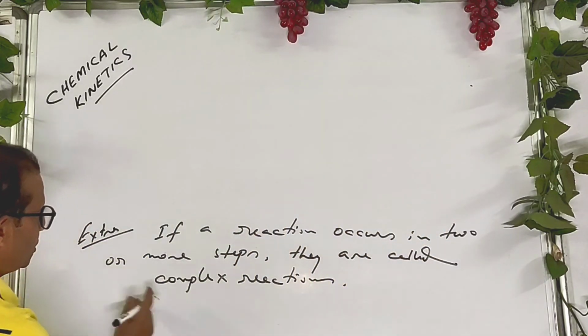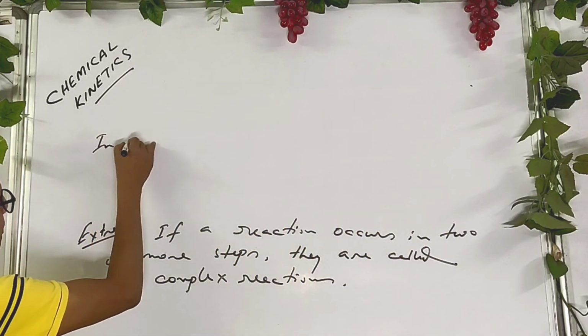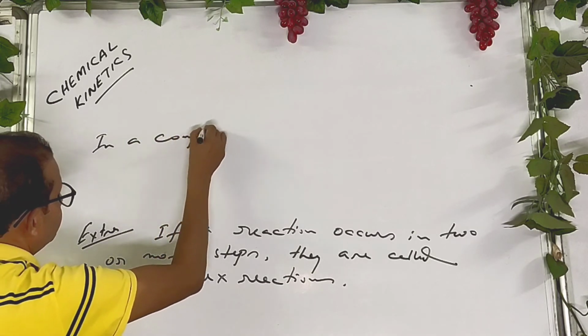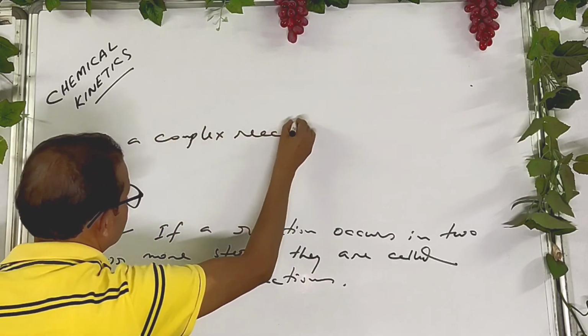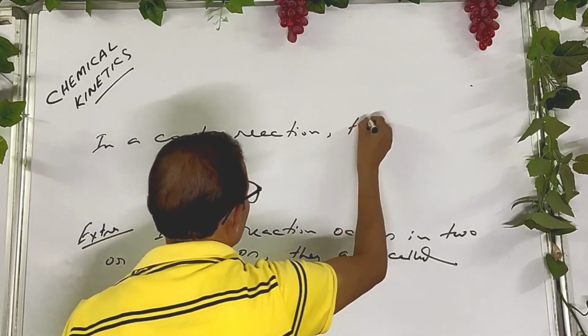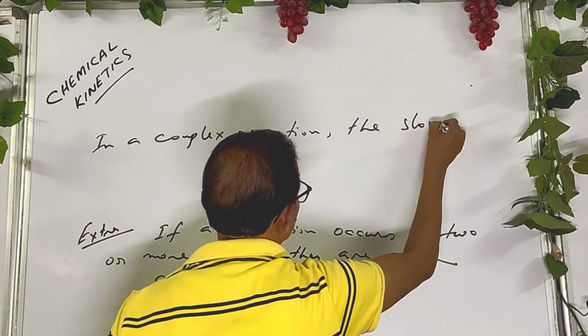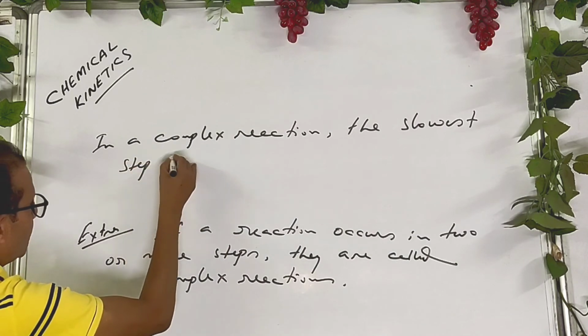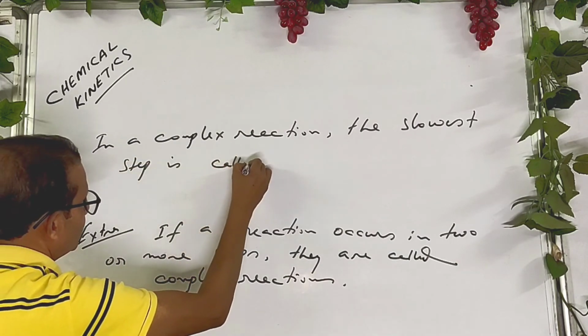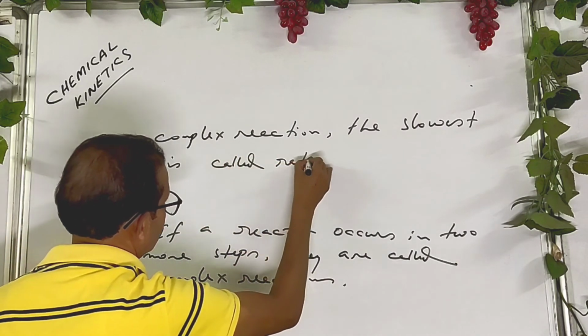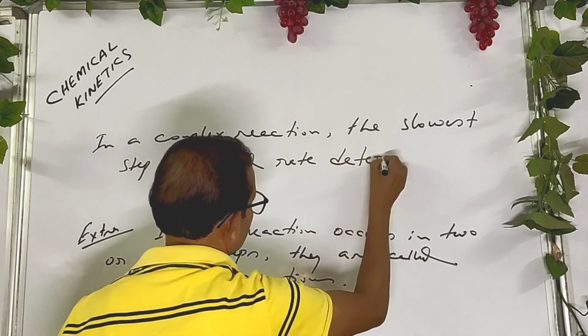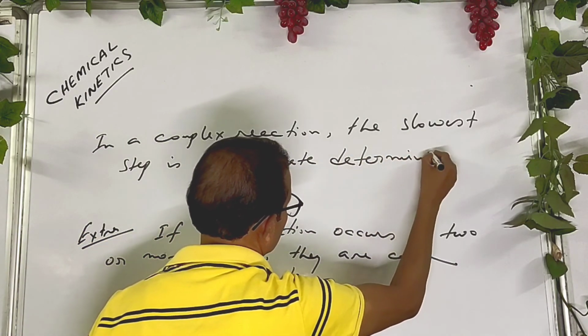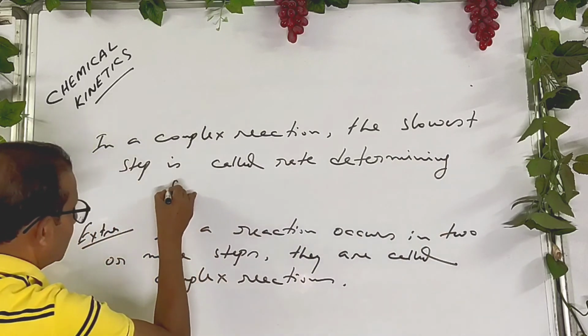So write down in continuation, in a complex reaction, the slowest step is called the rate determining step.